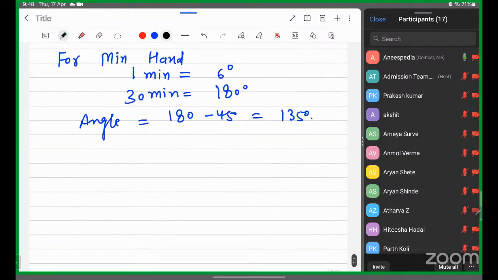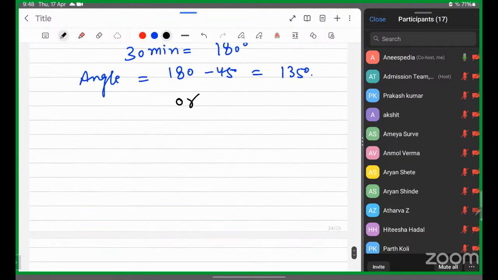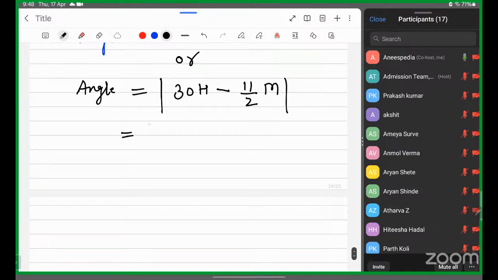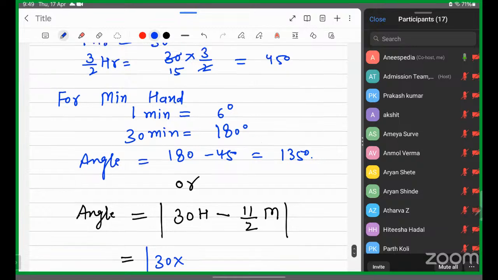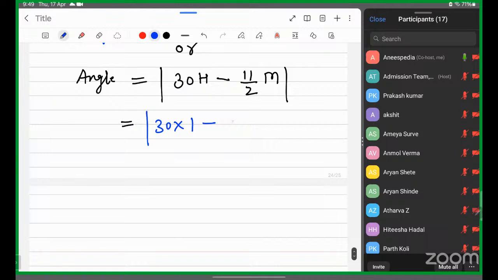Or there is another approach. To know the angle between minute hand and hour hand, you can go by the formula mod 30h minus 11 by 2 minutes. So if you will go by this formula, what will be the value of h in this case? H is hours, that will be 1, minus 11 by 2 into minute.